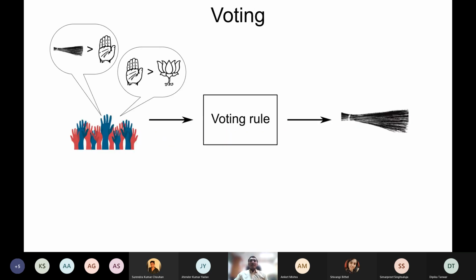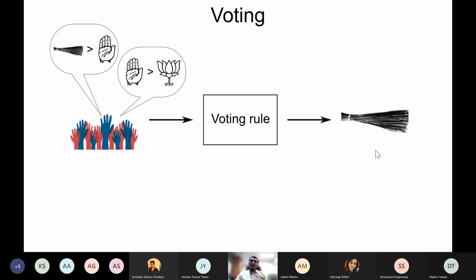So let me start with perhaps the most well-known example of a social choice problem, which is voting. In case of voting, we are given the preferences of voters or agents over a set of alternatives or candidates. And a voting rule aggregates these preferences into a collective outcome, an election winner.